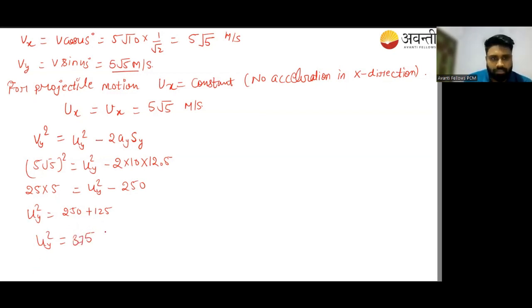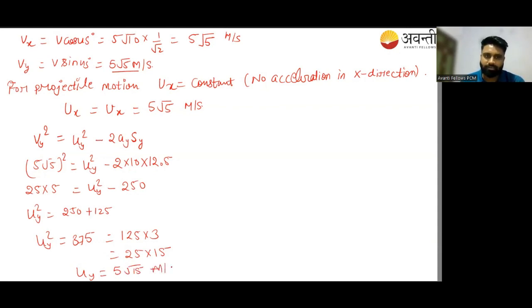You can write it as, if you divide it by 3, 125 multiplied by 3. Or you can say it is 25 times 5 into 3, which is 15. So uy you have as 5 root 15 meter per second.